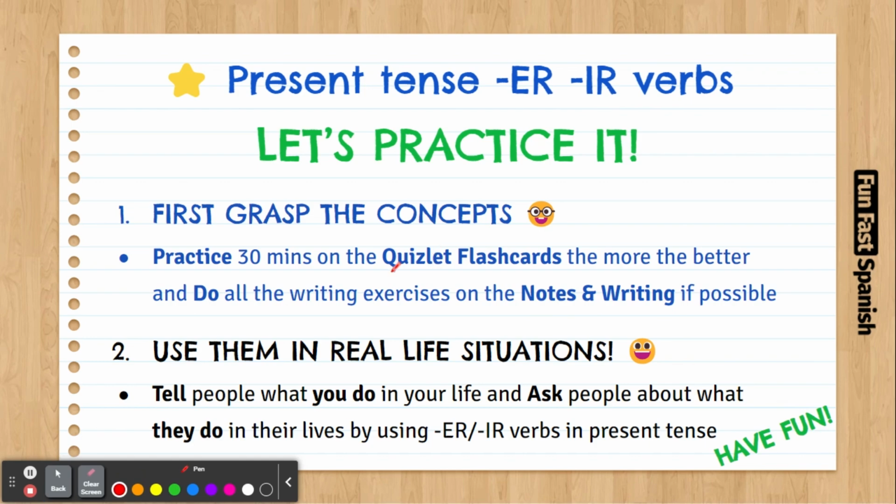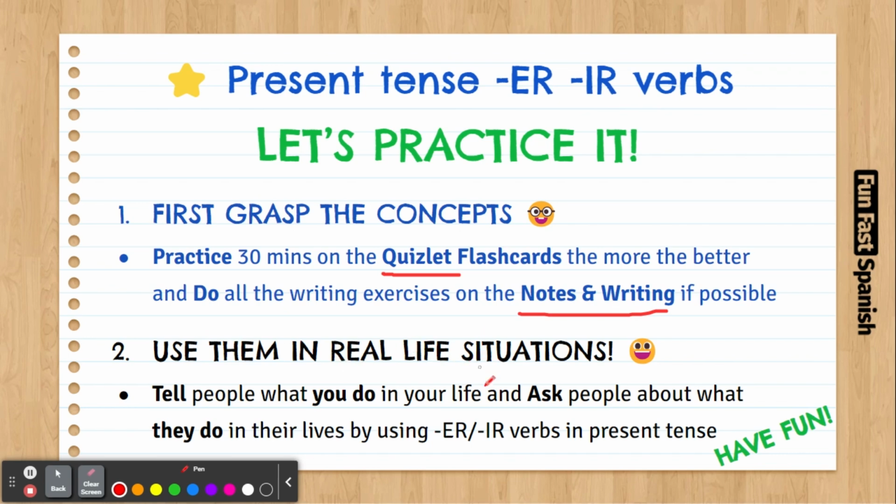It's extremely important that you do this first, Quizlets, and then notes and writing. And then, once you practiced and did a lot of repetitions and wrote stuff, you go to the street and use this in a real life situation.